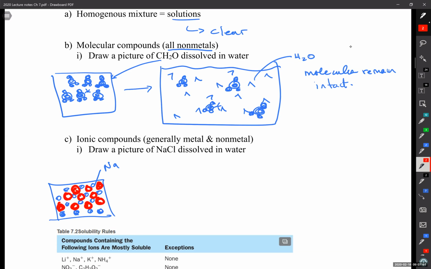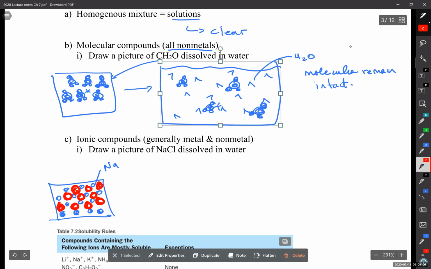Okay. Now I'm going to put them in water. Oh, didn't let me do it. Let's see if I can do this. Oh yeah, there we go. I gotta get the lasso tool. I'm gonna cheat.